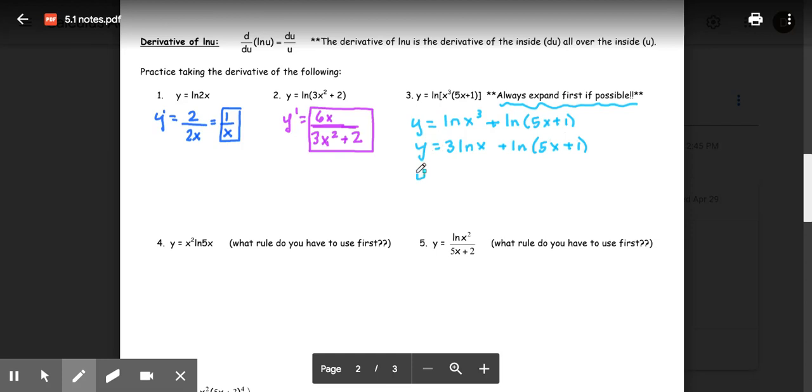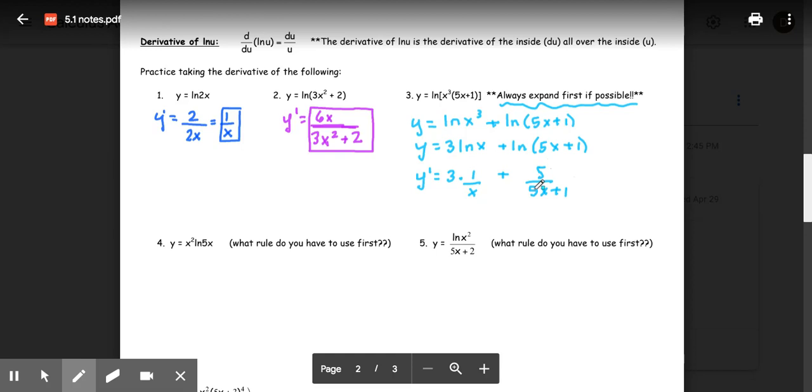And now what we do is we take the derivative of each part individually. So the 3 stays there. The derivative of the first log is the derivative of the inside, which is 1, over the inside. Plus the second part here, the derivative of the inside is 5, over the inside, which is 5x plus 1.